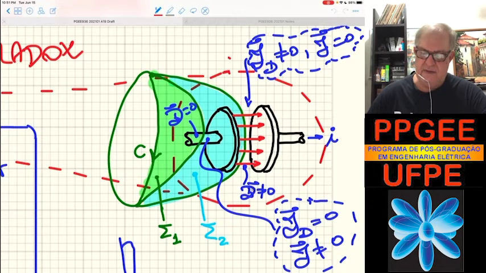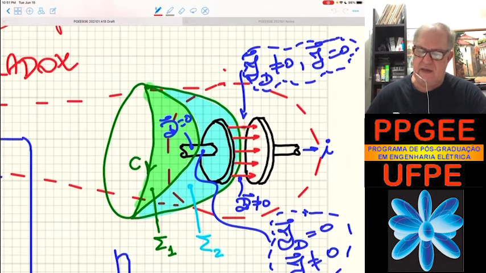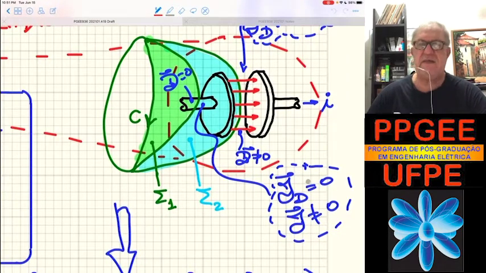So there are no free currents because there's no conductor here, only displacement currents. So you have JD different than 0 between electrodes and J equals 0. And in the conductor, you have JD equals 0 because D equals 0 and J different than 0. So that solves the capacitor paradox.